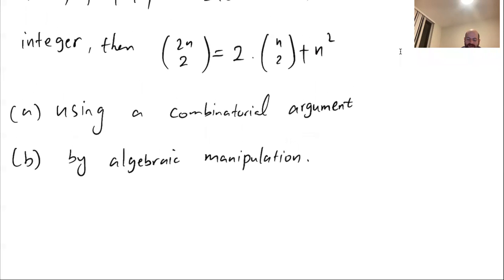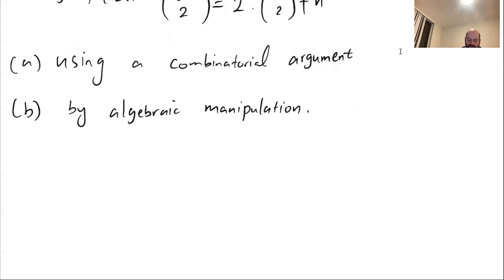So in this question, the left-hand side is 2n choose 2. 2n choose 2 represents the number of ways to choose 2 objects out of 2n objects. If we have 2n objects in total and we want to choose 2 of them, then the number of ways we can do that is 2n choose 2.